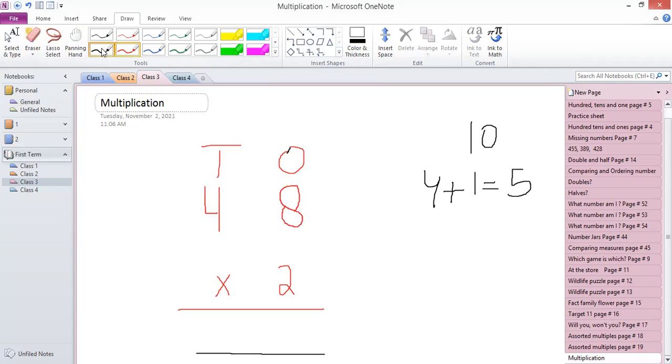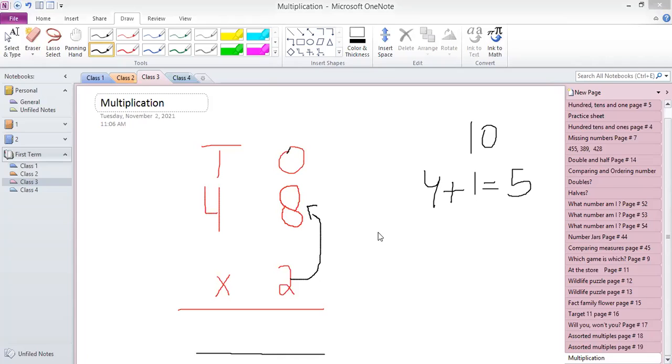So again, guys, you will multiply this 2 by 8 first. 2 multiplied by 8 equals what? 16.